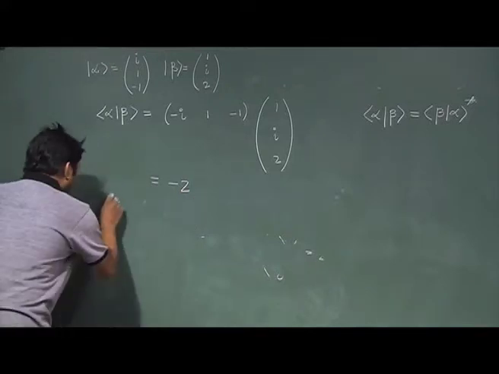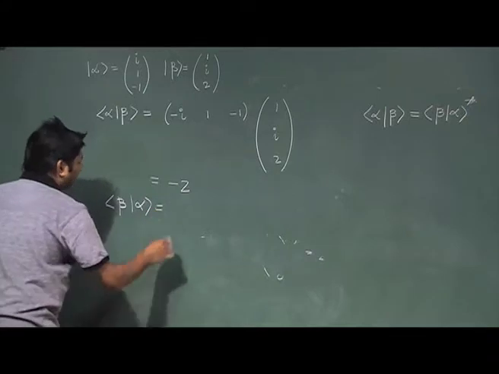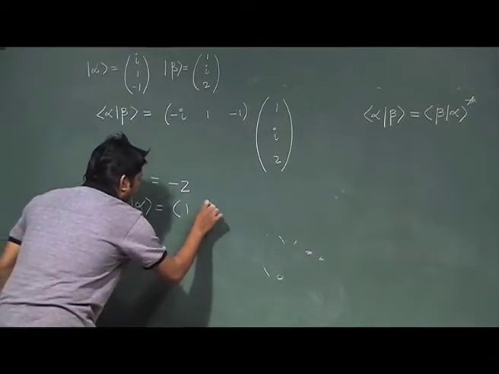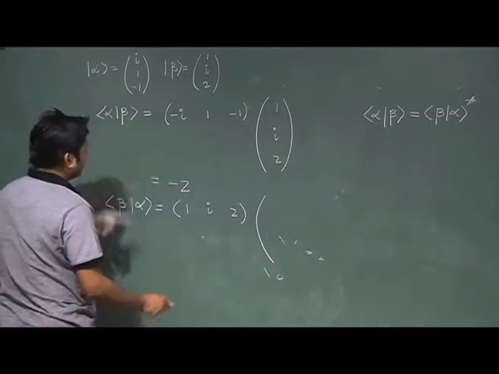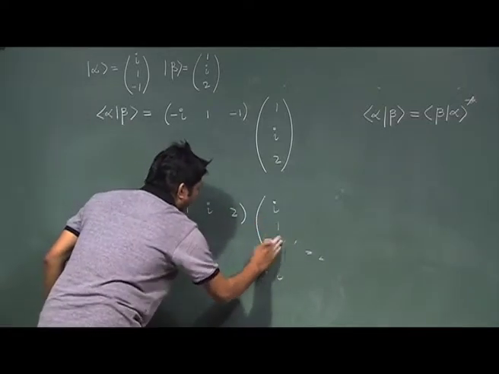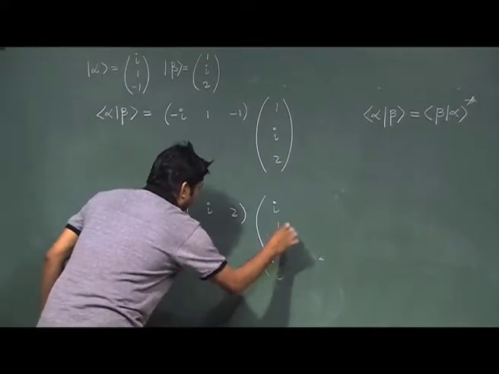So, expect that when I do <beta|alpha>, it is not going to change. Beta becomes 1, minus i, 2, and alpha is i, 1, minus 1.